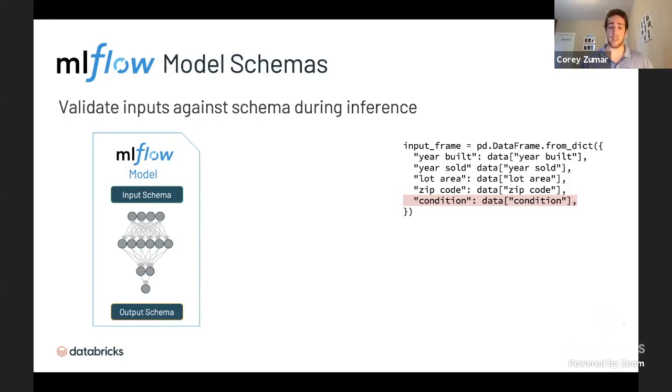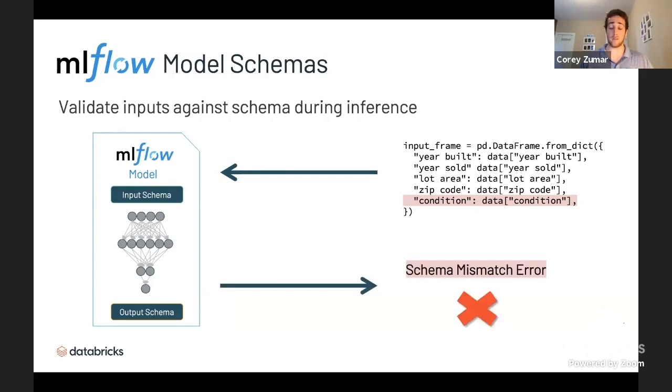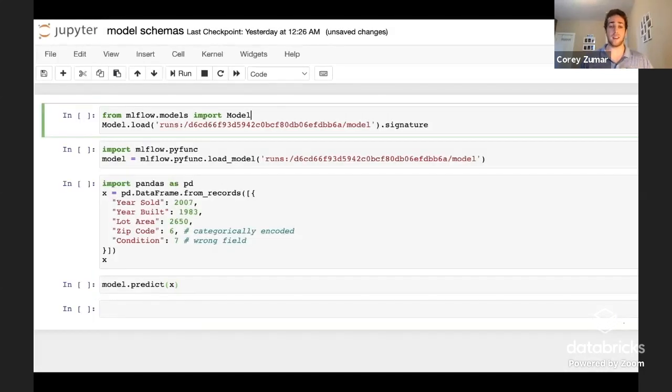This is a very plausible mistake that one might make when evaluating a model of this nature. So if we were to take this invalid data input and pass it to our model, MLflow will automatically validate the schema of the incoming data and raise an informative mismatch error that prevents us from obtaining confusing or misleading results. And we can take a look at that in a real-time API context.